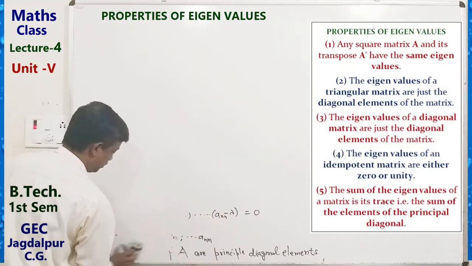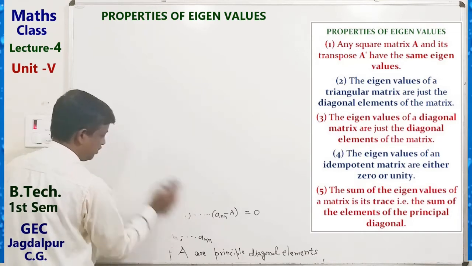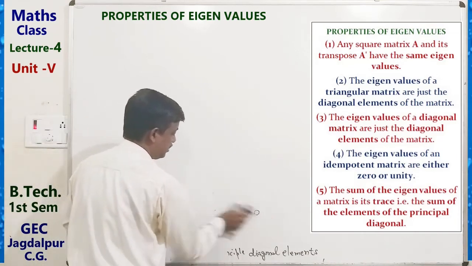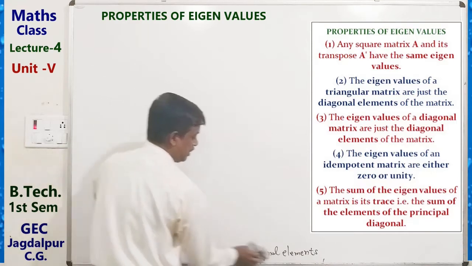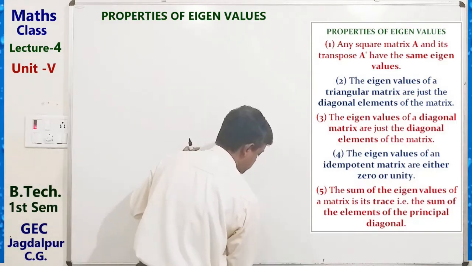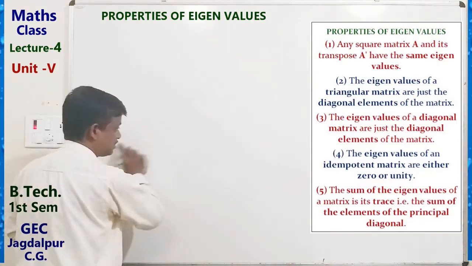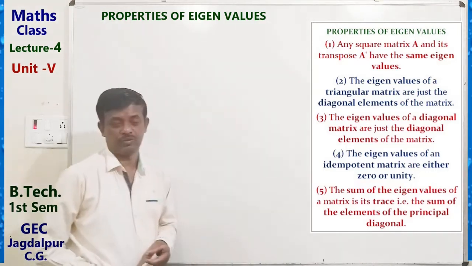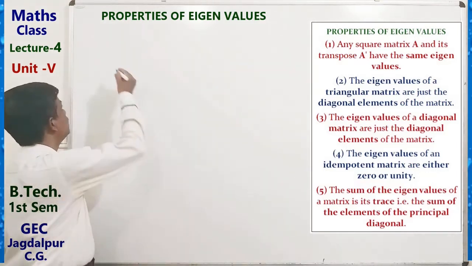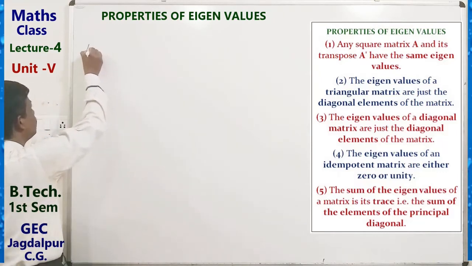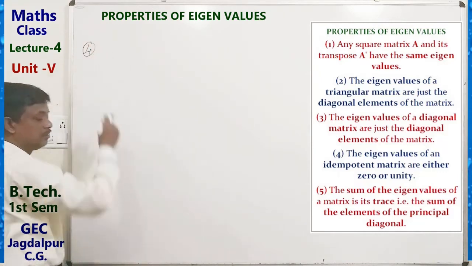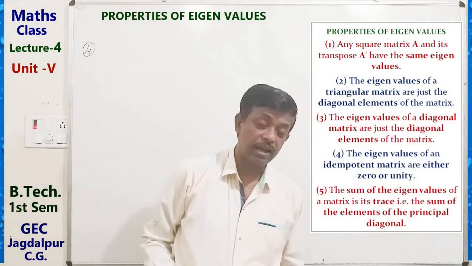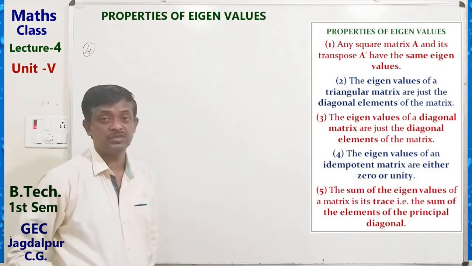So we can prove that if A is an idempotent matrix, then its eigenvalues are either 0 or 1. Property 4: eigenvalues of an idempotent matrix are either 0 or 1.